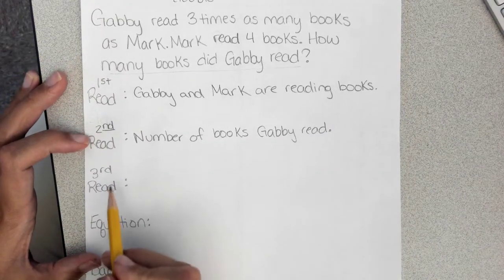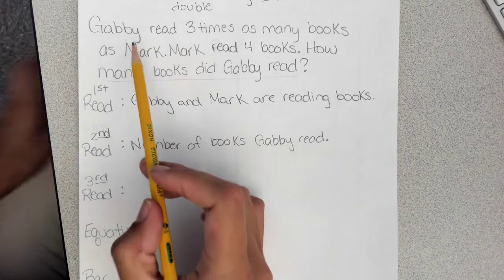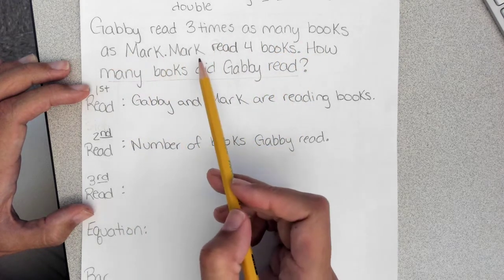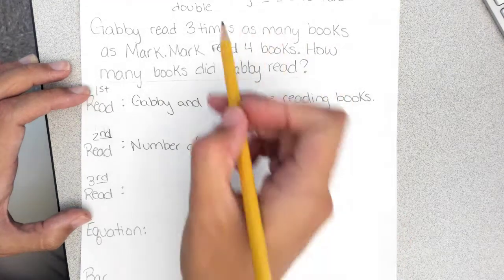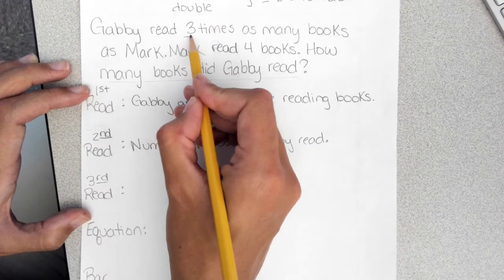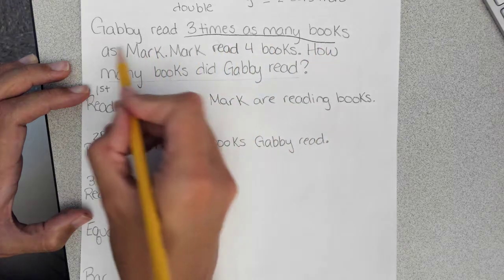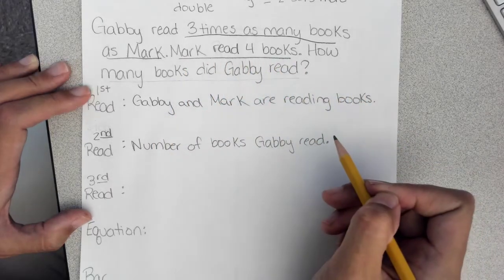For our last read, we are going to be looking for the important information. Gabby read 3 times as many books as Mark. Mark read 4 books. How many books did Gabby read? So I'm looking back for my numbers, and I see 3 times as many books as Mark, and that Mark read 4 books.